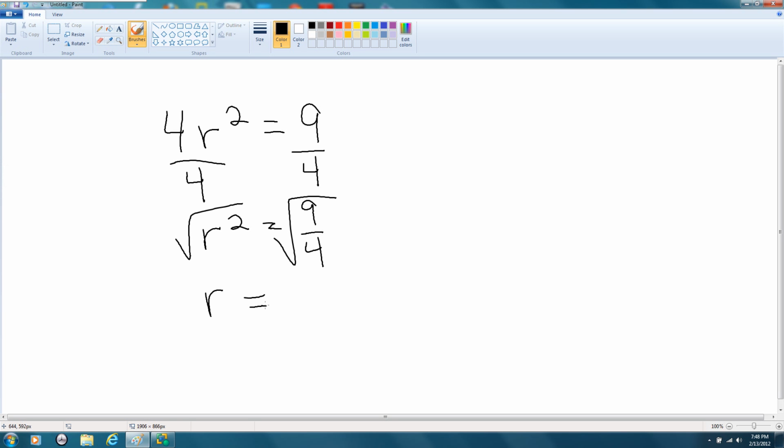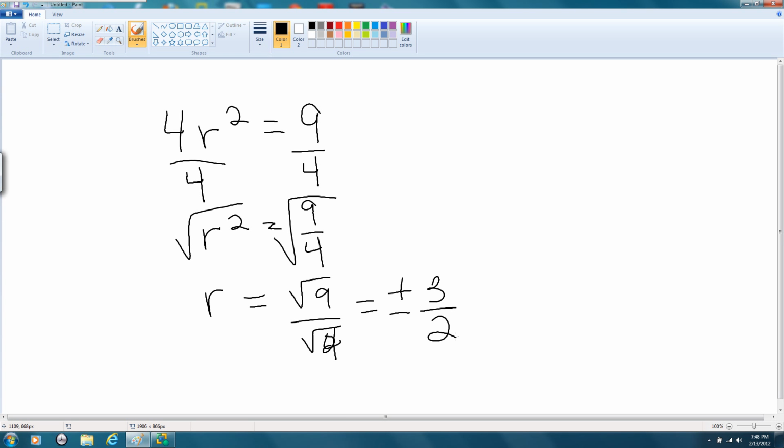There's a couple ways we can do this. We can say this is also the square root of 9 over the square root of 4. And so r is equal to plus or minus 3 halves.